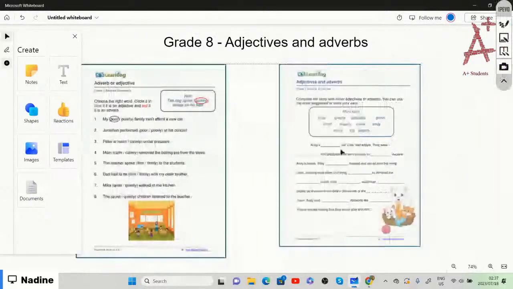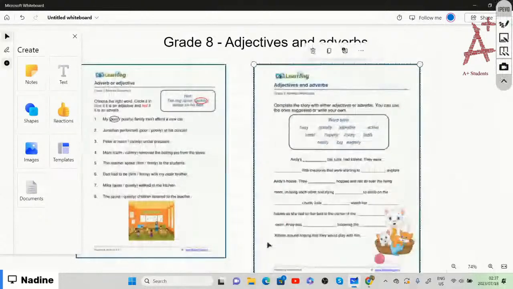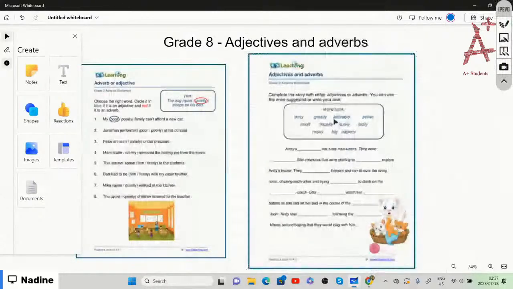All right, we're going on to the next one. We're only going to do about two sentences. We need to choose from the words within the word bank, or within the box, and fill in the correct missing spaces. So Andy's, we either need to choose between busy, greatly, adorable, active, small, happily, lovely, lazy, noisy, big, or eagerly.